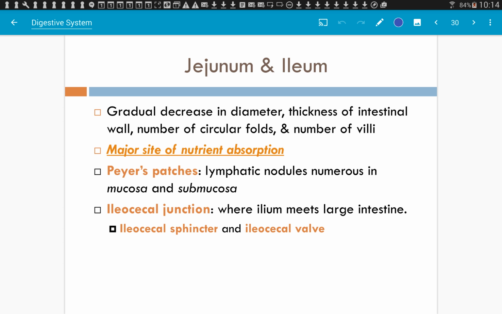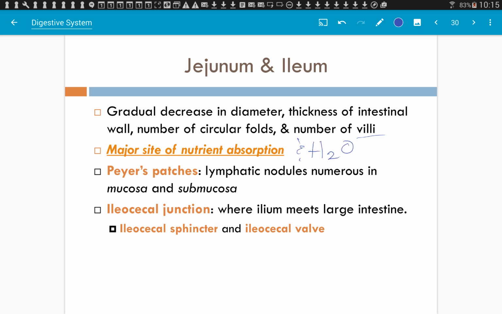This is because as you travel along, things are being absorbed, so you're having less and less material as you get closer to the end of the small intestine. So the diameter is smaller, and you're going to have less villi, because most of the stuff is going to be absorbed before it gets to the end of the ileum. Remember, major site of nutrient absorption and water.